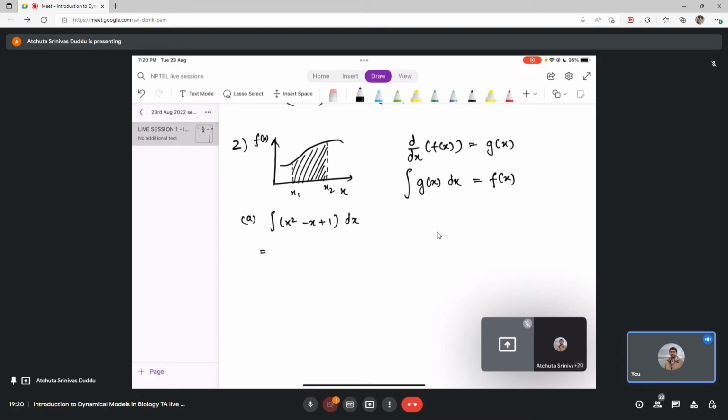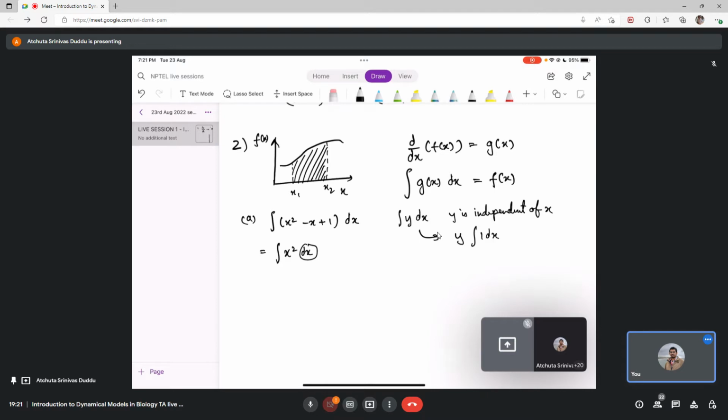So that would be the integral of x square dx, and this dx term here is very important because that is the variable with respect to which you are integrating. Suppose there was some other variable y which is independent of x, then this would be y times the integral of 1 dx.